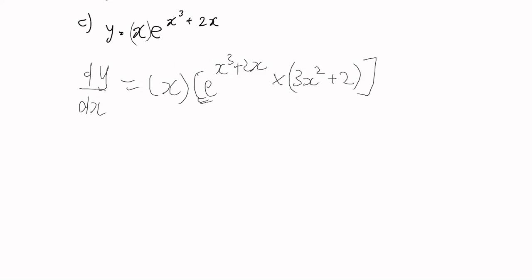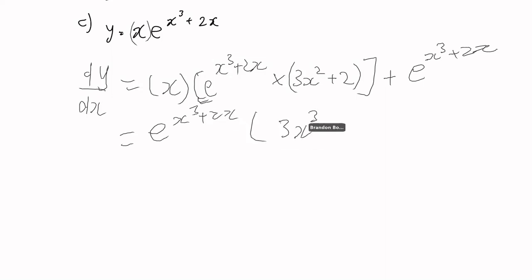Plus times 1, then copy e to the x cubed plus 2x. Then you can factor out the e power, which gives you 3x squared plus 2x plus 1.